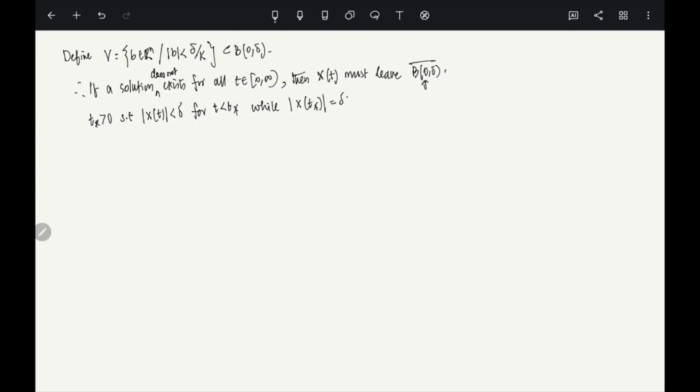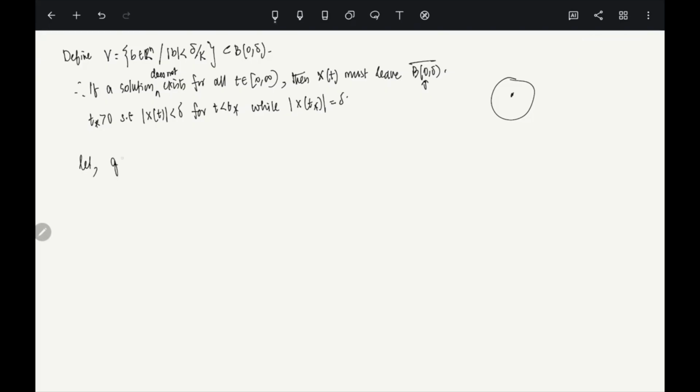So it has to leave the compact set. Now, if it is leaving the compact set, there is some time t equals t star where it has to touch the boundary. And what is the boundary? At the boundary, |x(t star)| is delta. Of course it has to be. Right. Now, from here we are going to assume this and get the contradiction.